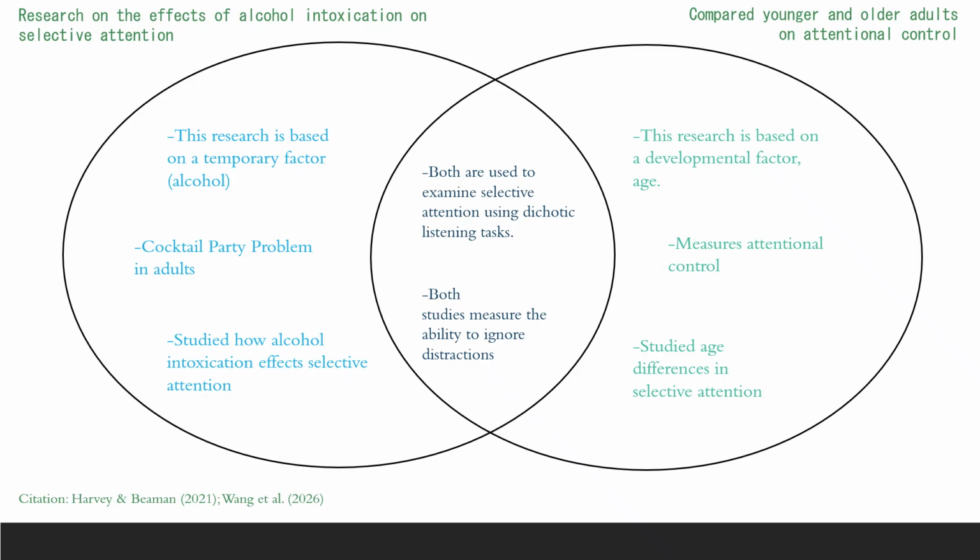Despite these differences, both studies used dichotic listening tasks to measure how well participants could ignore distractions and focus on one message. Together, they show that selective attention can be affected by both short-term biological states and long-term cognitive development, giving researchers a broader understanding of how attention operates under varying conditions.